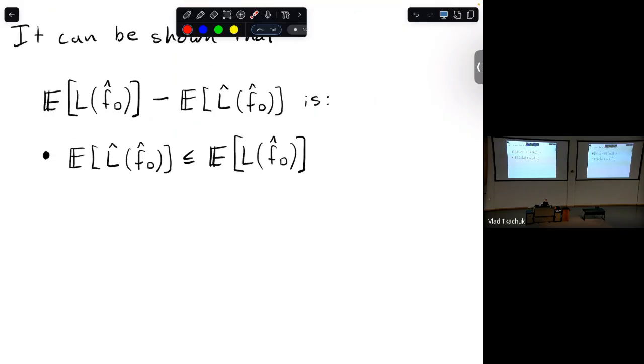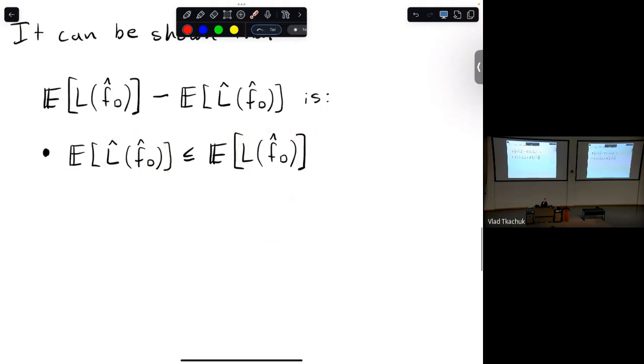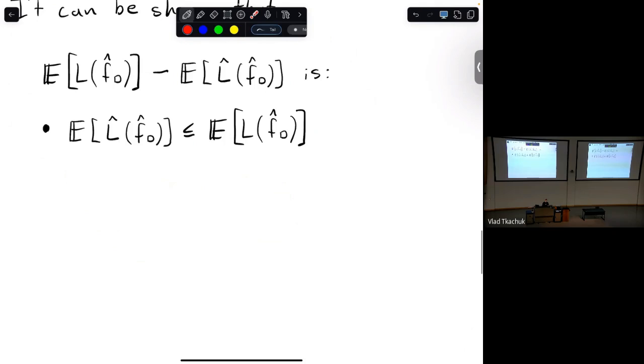Of course, for a particular data set, we might get unlucky, and this could be larger than this. But in expectation over data sets, this will indeed be the case. And we'll see this for a particular data set soon. So that's the first property.